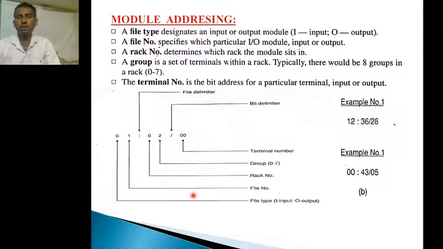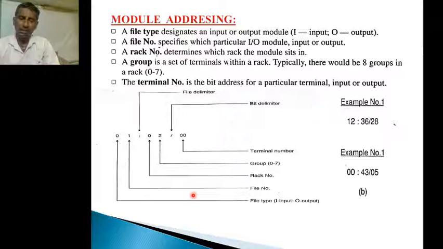And next, coming to module addressing. Module addressing means that in the register we can store one address, so that address representation is nothing but module addressing. In the overall PLC system we have input modules, output modules, our PLC module, input devices and output devices, and all of these are placed in one rack.